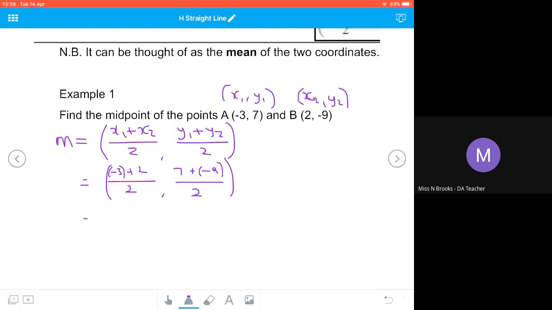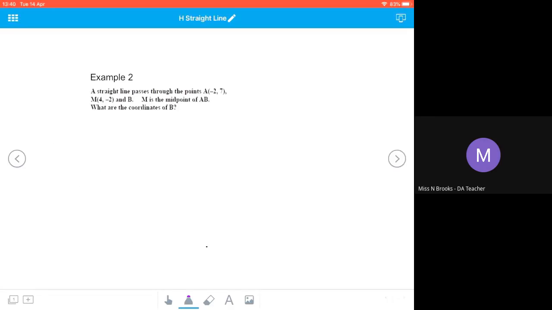So -3 plus 2 gives us -1, and divided by 2 gives us -0.5. And 7 plus -9 gives us -2, and divided by 2 gives us -1. So therefore, m is going to be the coordinate -0.5, -1.